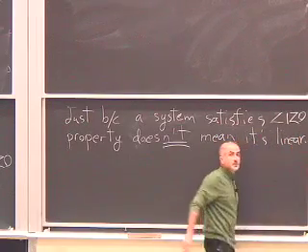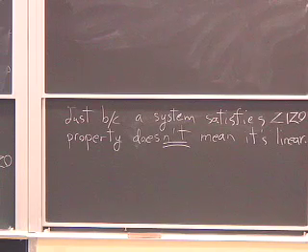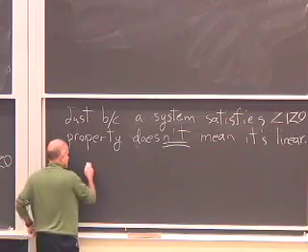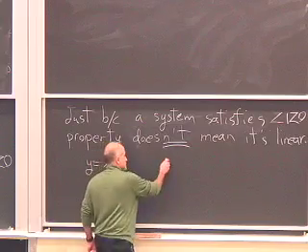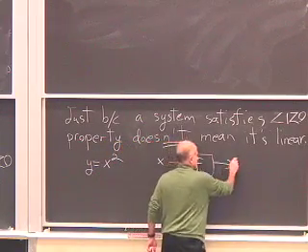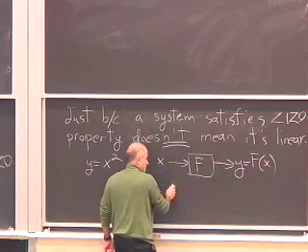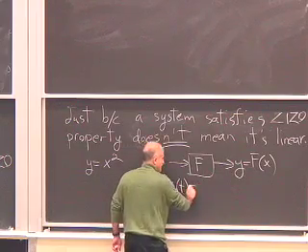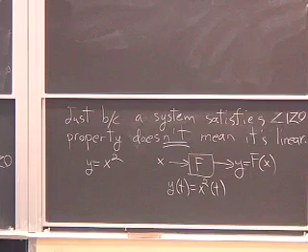Can you give me an example of a system that takes zero input and produces zero output, but it's not linear? Y equals x squared or x cubed. In other words, the system that takes a signal x where y of t is the pointwise square or cubic power of the input.